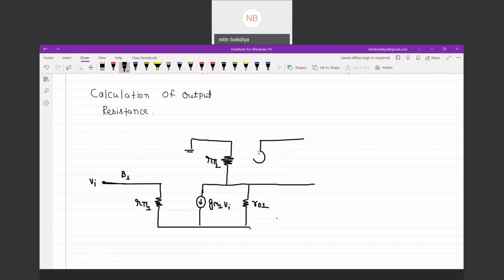Then we are having GM2 into V pi 2. This potential is V pi 2. Then we are having R02.